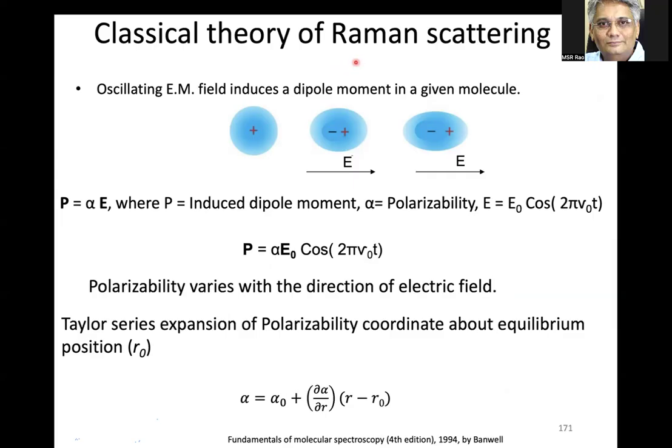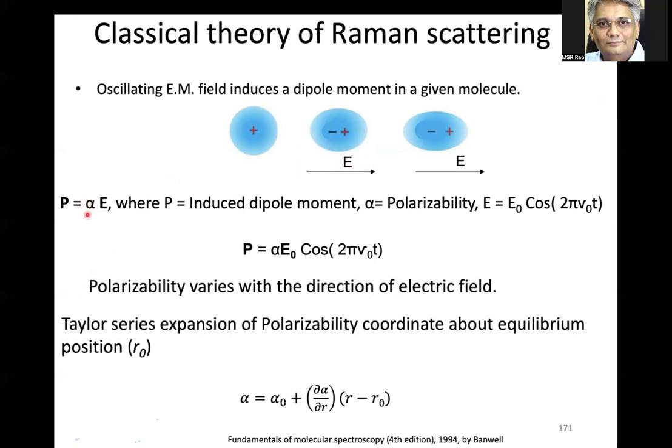If you look at the classical theory of Raman scattering, you have the oscillating electromagnetic field that induces a dipole moment. I explained the concept of dipole moment in the previous class. If you have a charge separation, you have a positive ion separating from the negative one, or in the case of an atom, if the electronic cloud is displaced with respect to the positively charged nucleus, that displacement would give rise to an effective polarization, because you're getting an induced dipole moment.